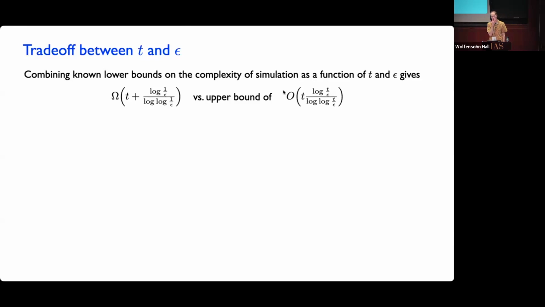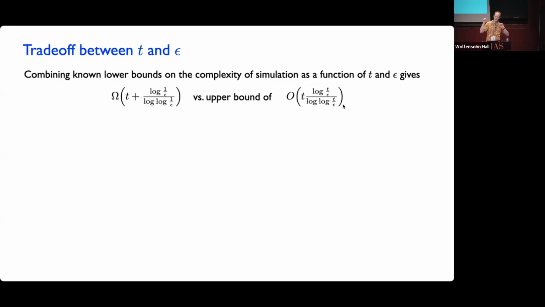So another question we can ask, to drive more advances in quantum algorithms for Hamiltonian simulation, is what can we do in terms of the trade-off between t and epsilon? We have different algorithms that are separately optimal as a function of t or as a function of epsilon, and we have this trade-off between t and epsilon, which is not too bad.